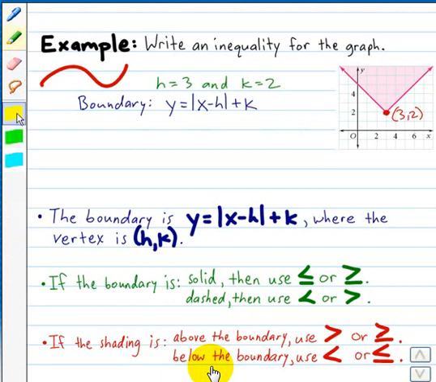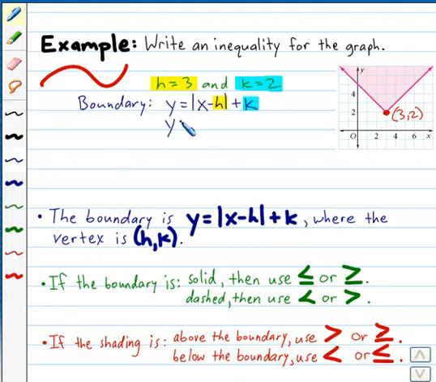Alright, welcome back. Hopefully you substituted 3 into the equation for h and 2 for k and wrote y equals the absolute value of x minus 3 plus 2. So this is the boundary for our graph.